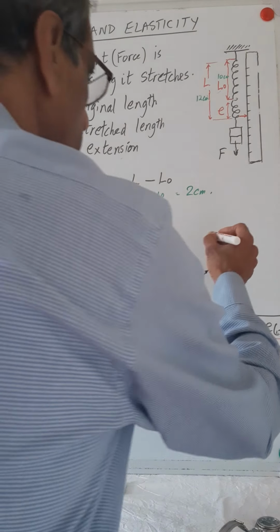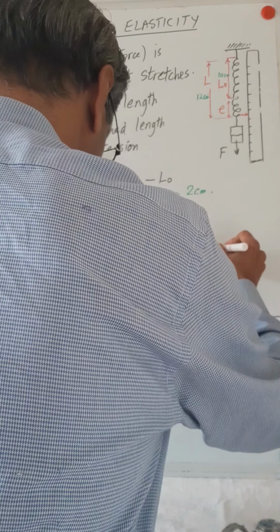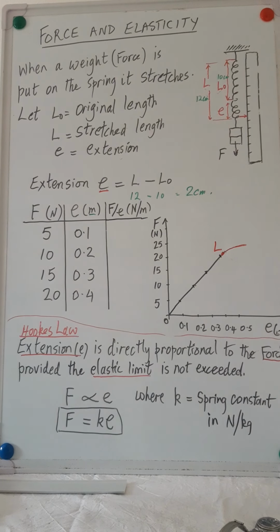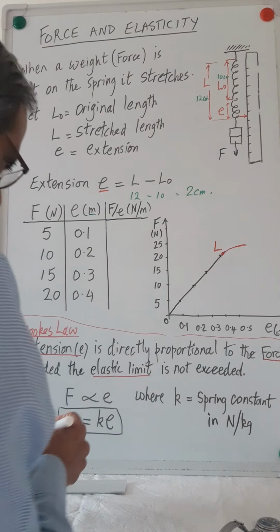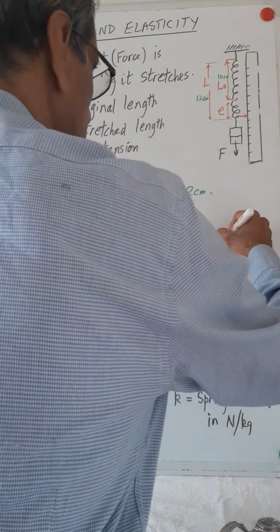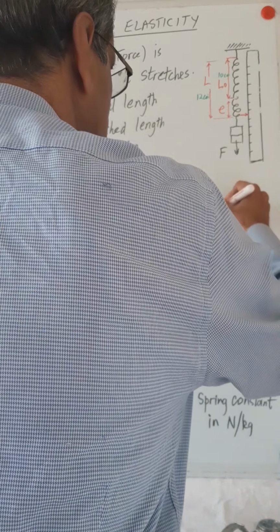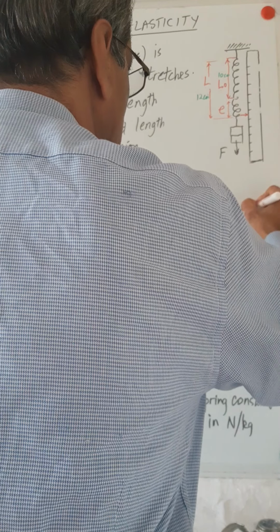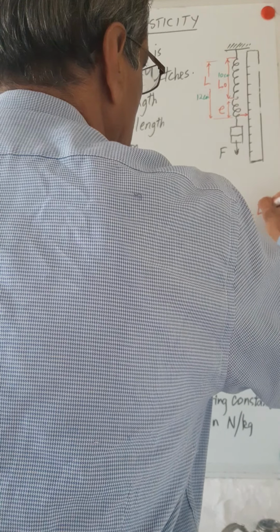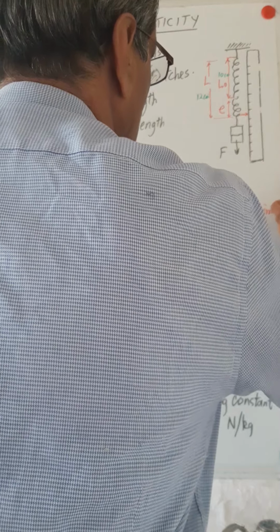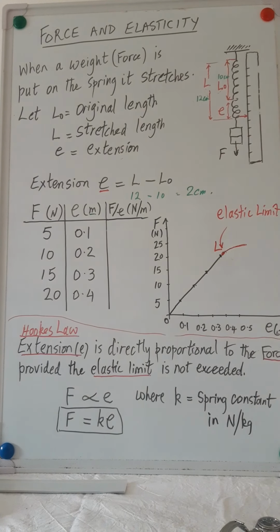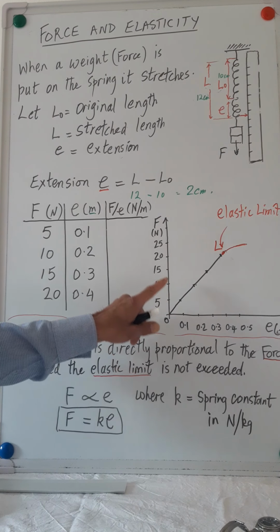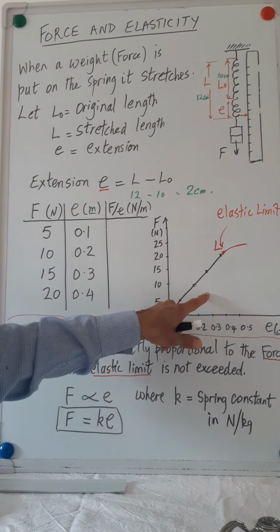So we call this point L. L is the elastic limit, or the limit of proportionality. Up to here, the weight is directly proportional to the extension.